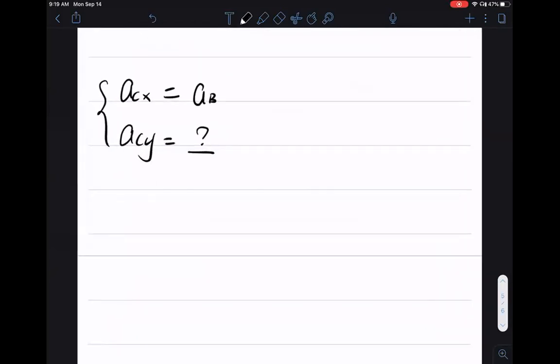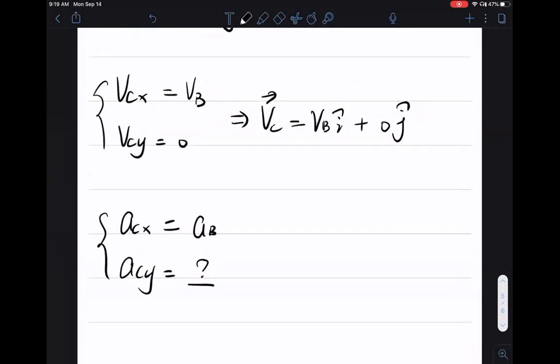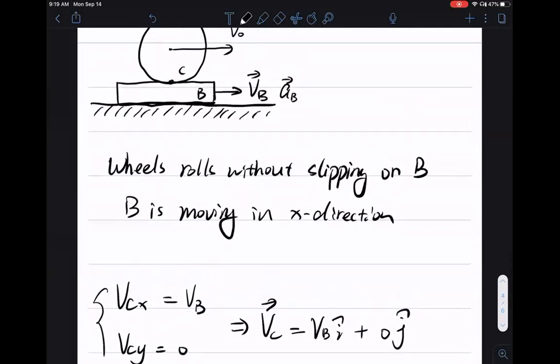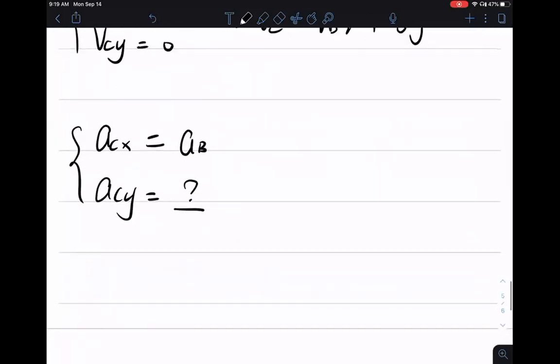For ACX, it equals how fast that block B is changing in speed, which equals AB. But for ACY, the acceleration in the Y direction, it is a question mark.